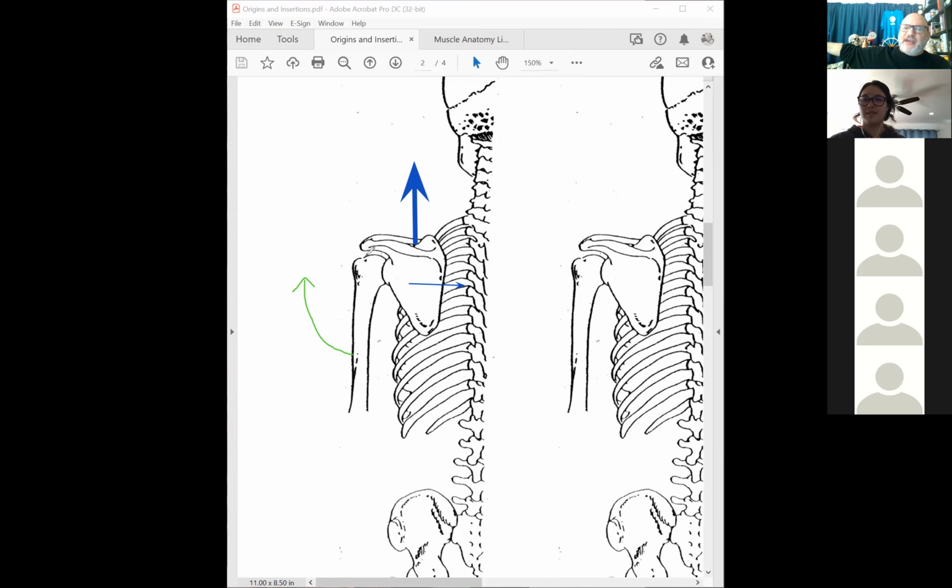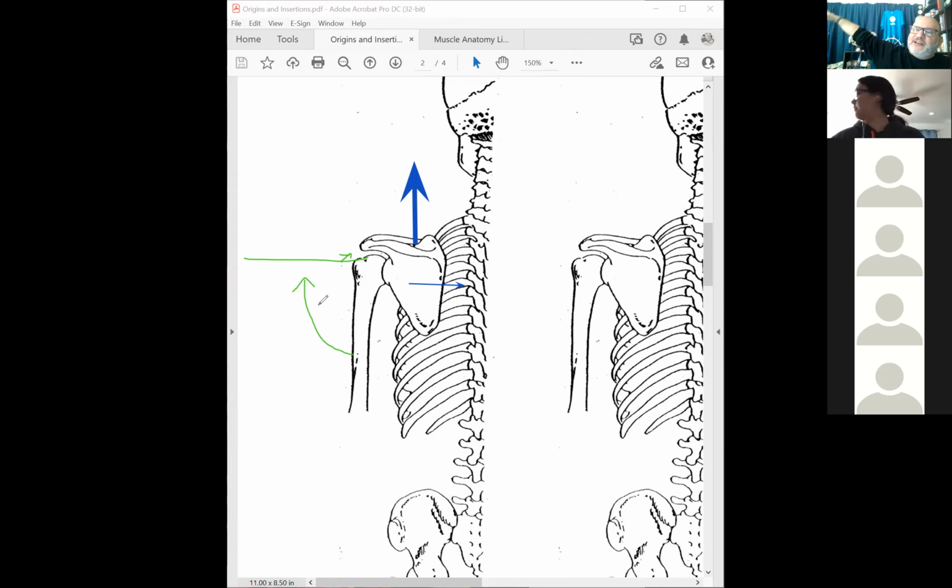Notice if I were to do that and bring my humerus out, eventually there would be a point where the neck of my humerus would bump up against my acromion, right about when I got here. Does that mean I can't abduct my arm beyond this point? No, clearly I can.